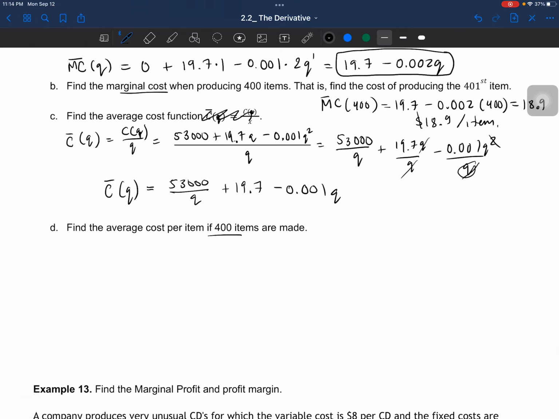And lastly, they're asking us to find the average cost for 400 items. So we take C bar of Q, or in other words, replace Q with 400.